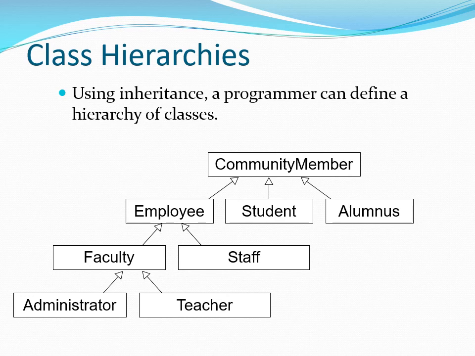So ultimately administrator is getting the data from faculty, from employee and from community member. If these things were not there, then you would have to repeat all this information, the data members and the methods, in each of these classes. So we can say that inheritance helps us to reduce the amount of code and reuse the code which is already present.